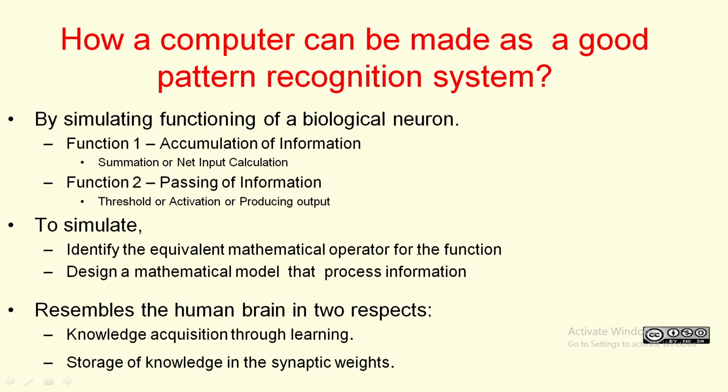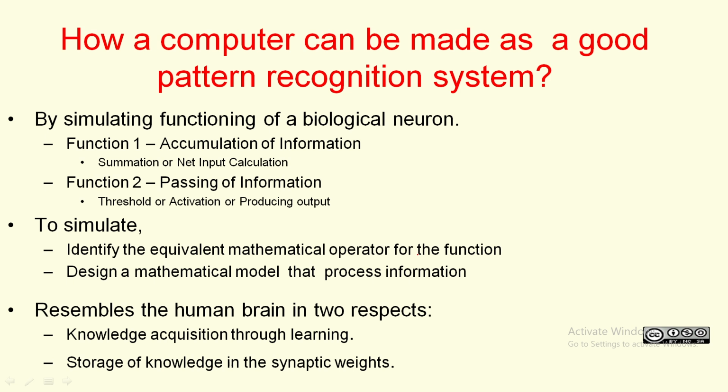So, someone is there to watch whether the soma has reached the capacity or not. What is that someone? It might be a threshold, that means a limit, or some activation function, or some other operation required in order to eject that information, that means to produce the output from the accumulated information. These are the two operations that one has to do mathematically in order to make a computer a good pattern recognition system.